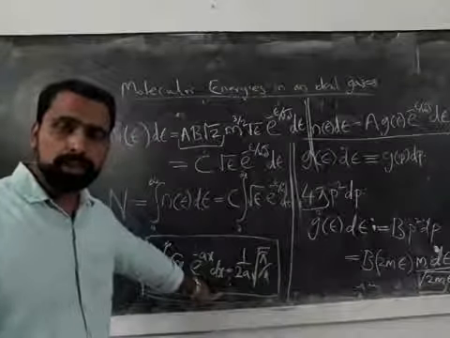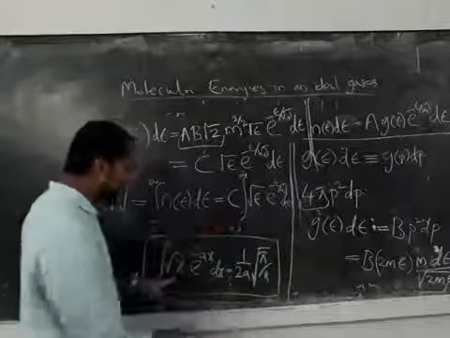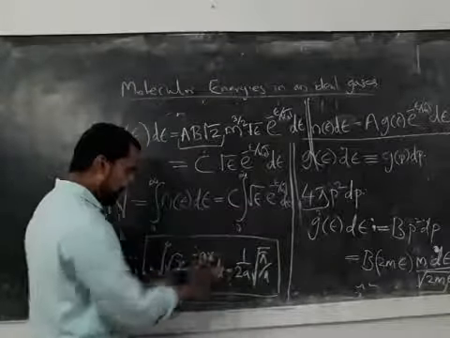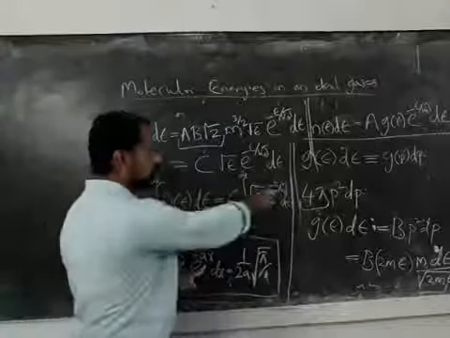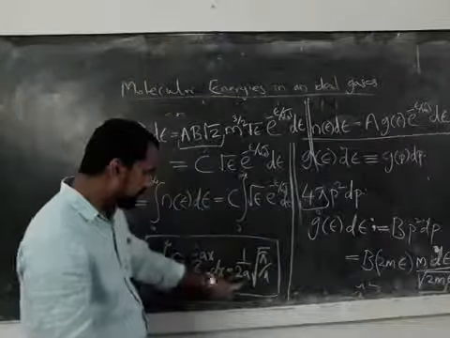Here you have to remember, instead of x you have epsilon, and instead of a you have 1 by kBT. So we will just substitute it here.